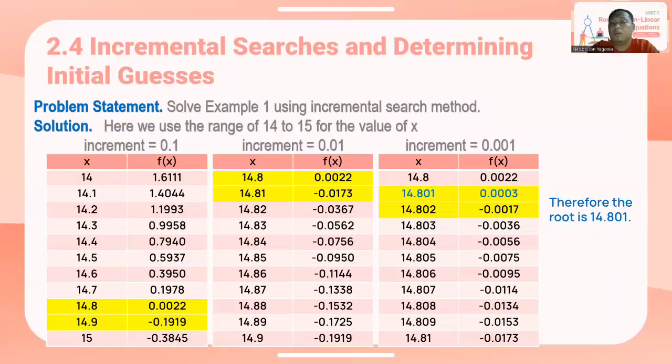In this one, our objective is just to get the root with at least 3 decimal places. That's why we just stop at 3 sets of increments. So now the root is 14.801.